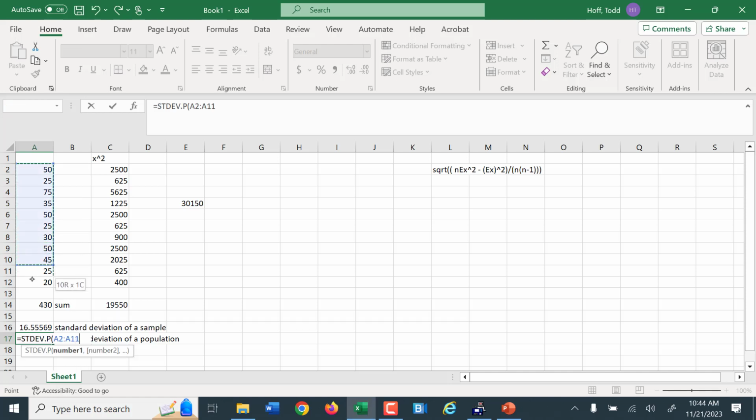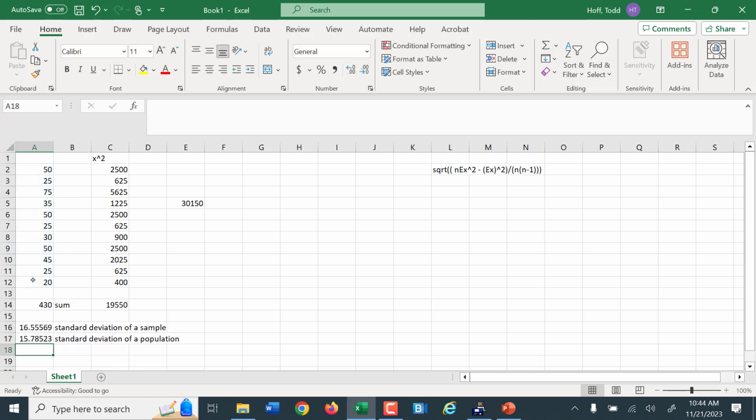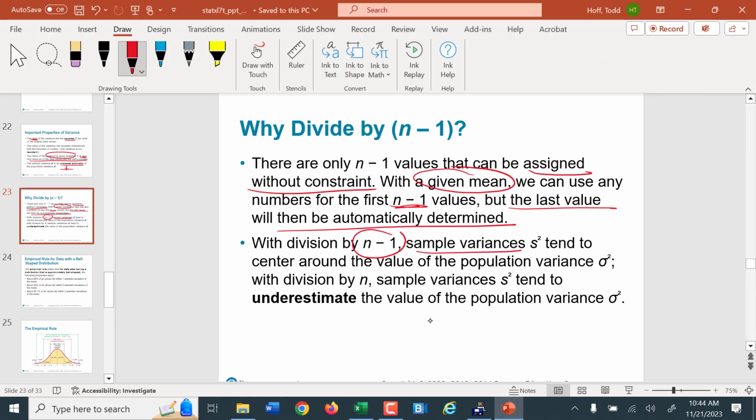And I highlight this. And you notice I'm going to get a smaller number because it's dividing by n instead of n-1. Because of this, it is always true that a sample should give a smaller standard deviation than a population. Not to mention the fact that there are fewer data points in a sample, which tends to give a smaller standard deviation as well.